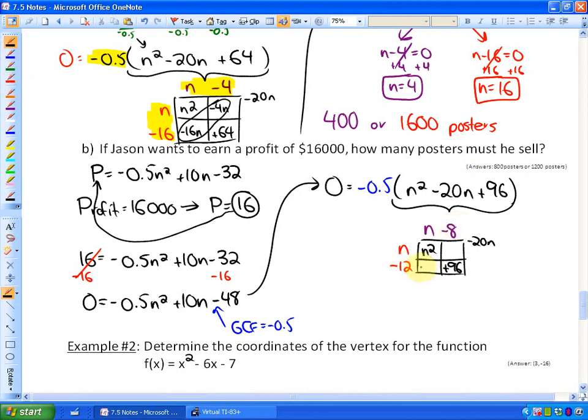So that would give you diagonal terms of negative 20n, and they multiply to 96. So your factors in this case, I'll highlight them in yellow, are 0 is equivalent to negative a half, n minus 8, and n minus 12.